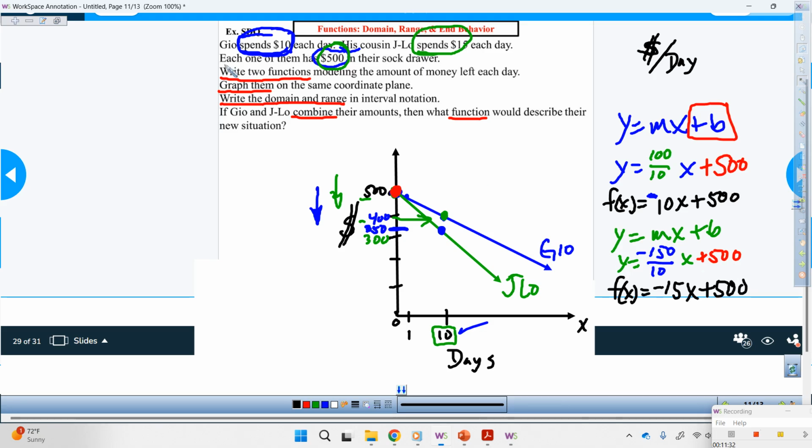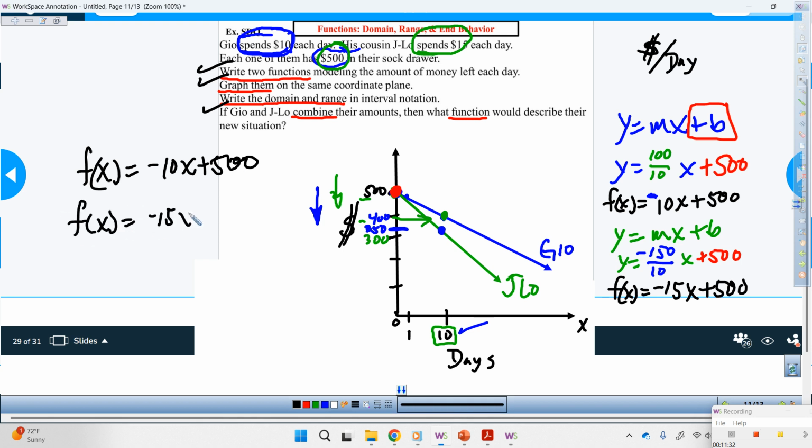So, did we write the two functions? Yes. Did we graph them? Yes. Do we need to write domain and range? For right now, we're going to skip domain and range. I want to get to the last portion, which is if Gio and J-Lo combine their amounts, so here are their functions, f of x equals negative 10x plus 500, and J-Lo's is f of x equals negative 15x plus 500.